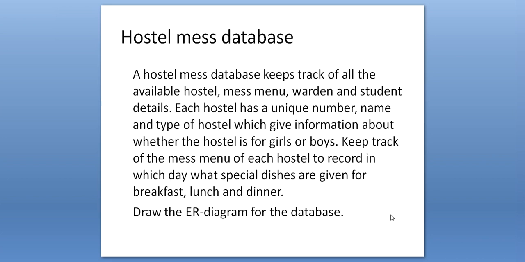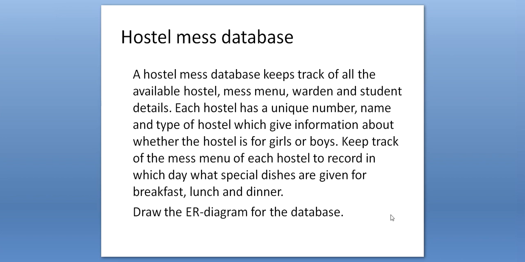For the hostel entity type, the attributes are given like this: unique number, name, and type. These are going to be the attributes for the hostel entity type. And then we have the mess menu. Here it says to keep track of the mess menu of each hostel to record in which day what special dishes are given for breakfast, lunch, and dinner.